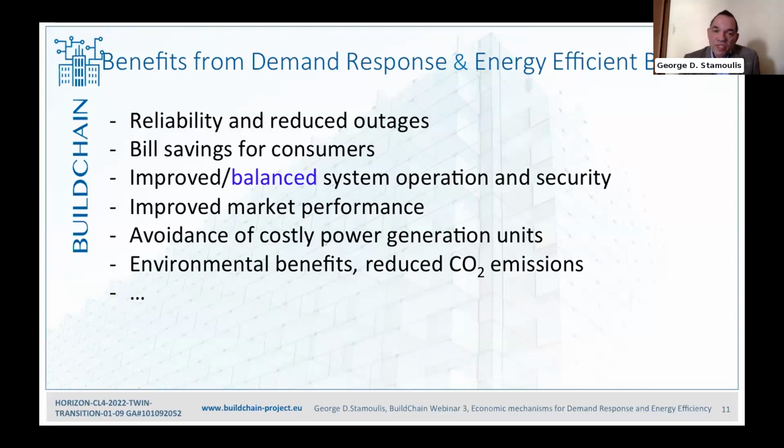We will have, of course, some savings for the consumers, and we will come back to this because consumers will consume less. The market will overall operate in an improved manner. We avoid the use of costly power generator units, which also often are not environmentally friendly. So in this way, we also have environmental benefits and reduced CO2 emissions.